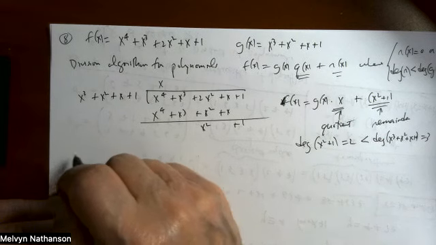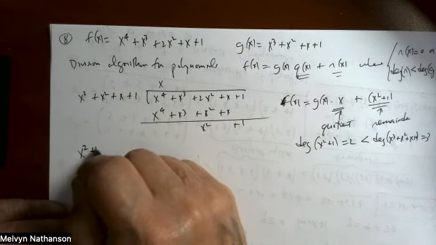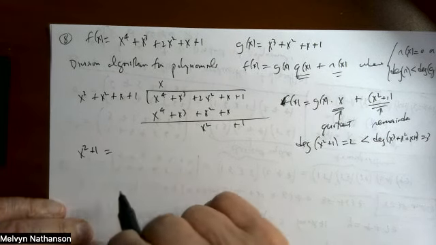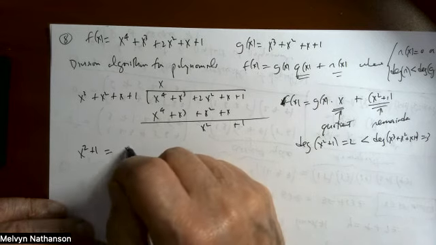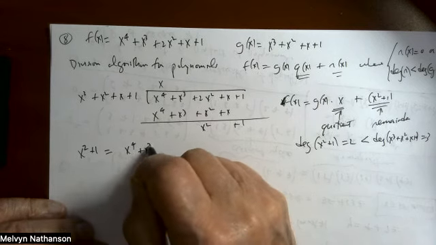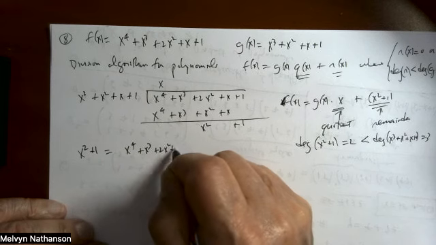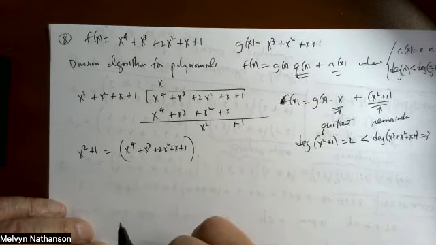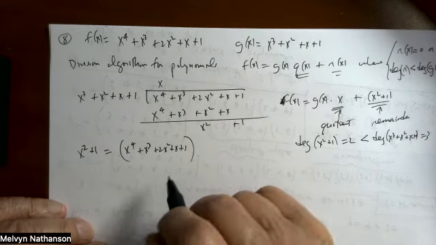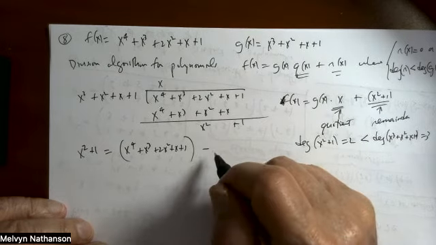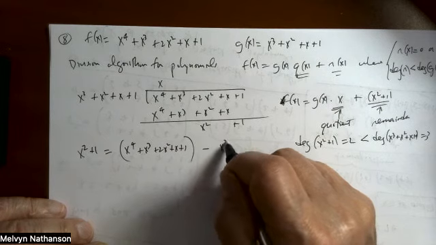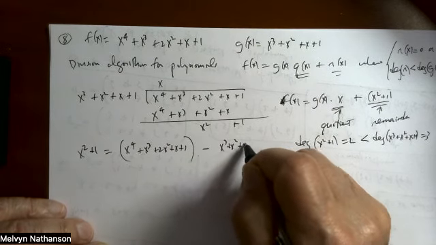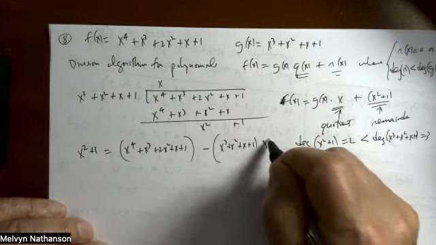So x squared plus 1 is equal to f of x minus g of x times x.